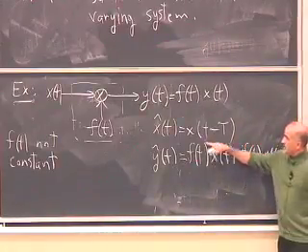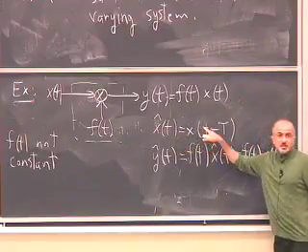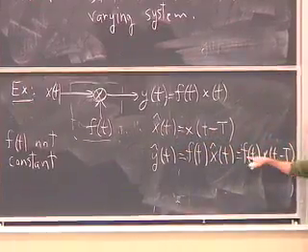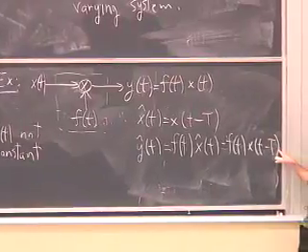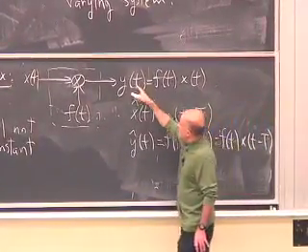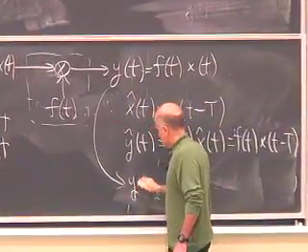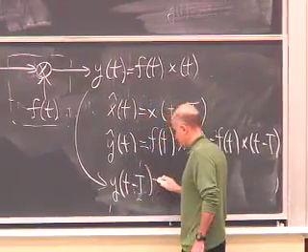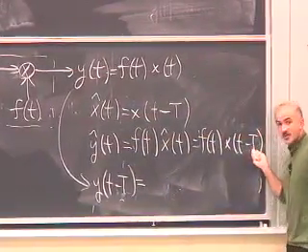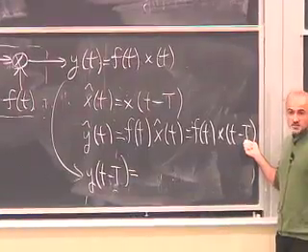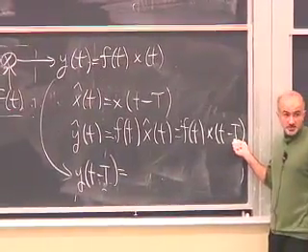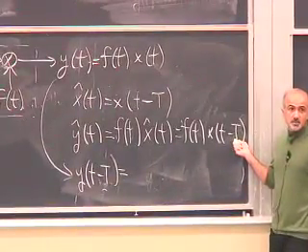And now we know that since x hat is related to x by this shift, the output y hat is written this way. Now when you look at y, shift y. If you get the same answer, then the system is time invariant. If you don't get the same answer, the system is not time invariant.